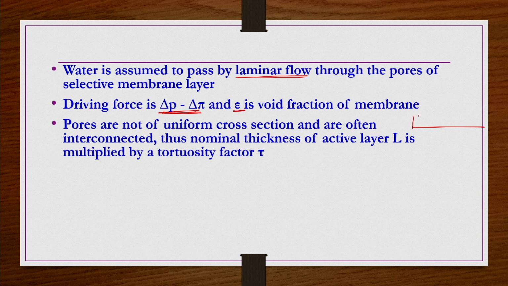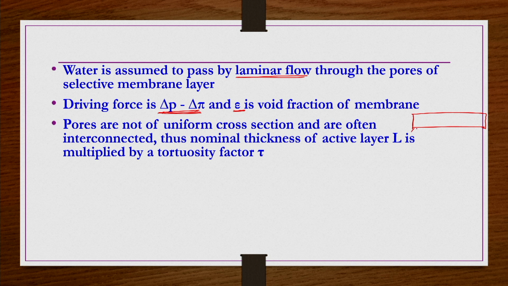So, let us say if this is the active layer, these active layers are in general a few microns in size, right? But just to explain, I am drawing a thick layer so that we can see the details. So, here this is the active layer, the membrane layer.